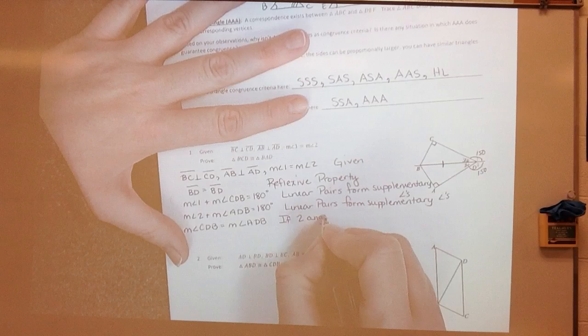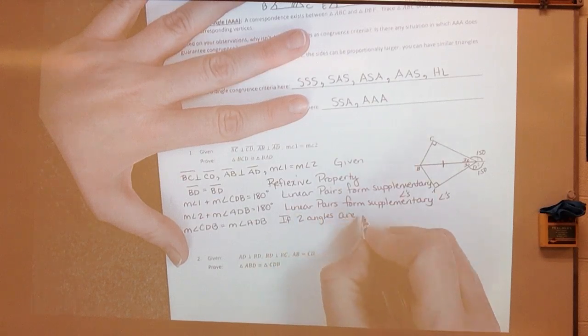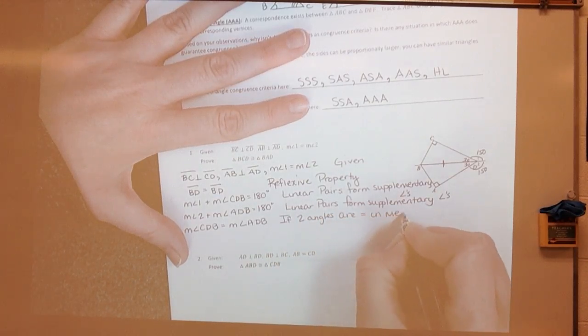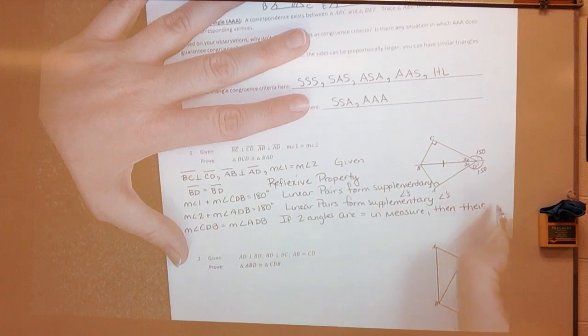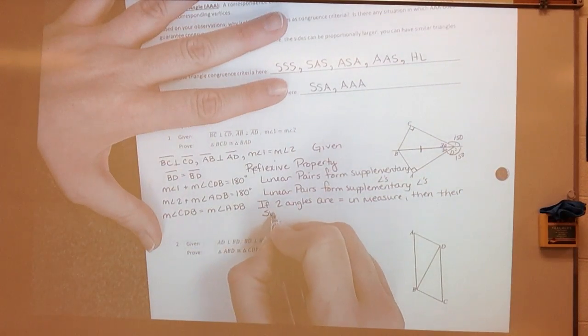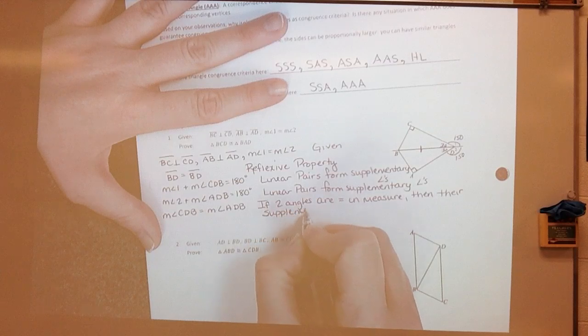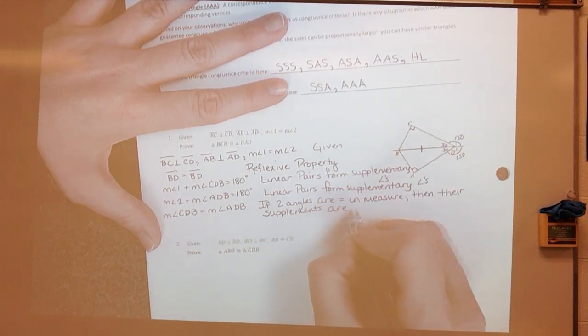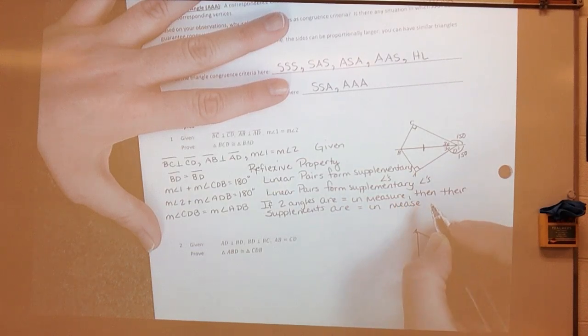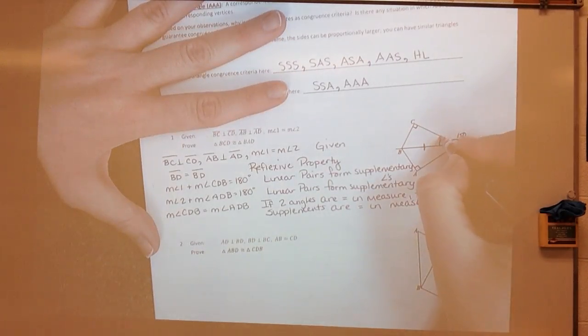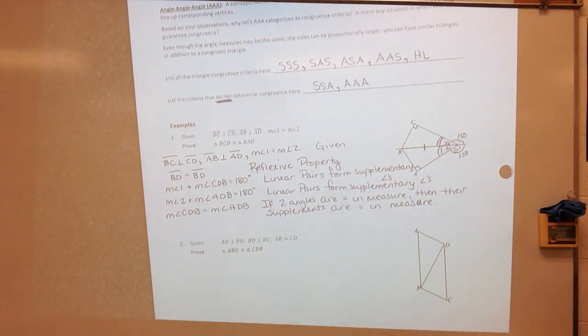If two angles are equal in measure, then their supplements are equal in measure. Alright, so now we know that we've got this. Okay.